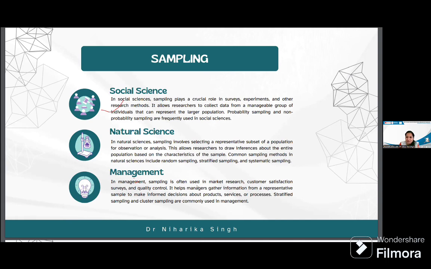It is not true that random selection is easy. We will find that random selection of samples is the most difficult part of sampling. How? We will look at it.